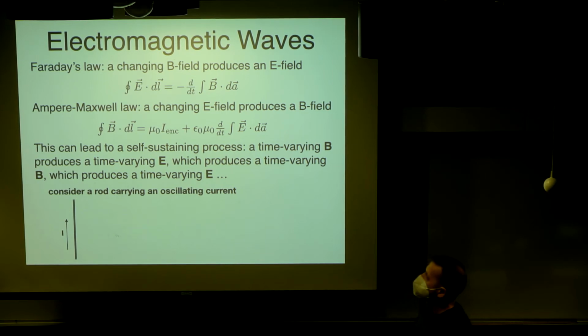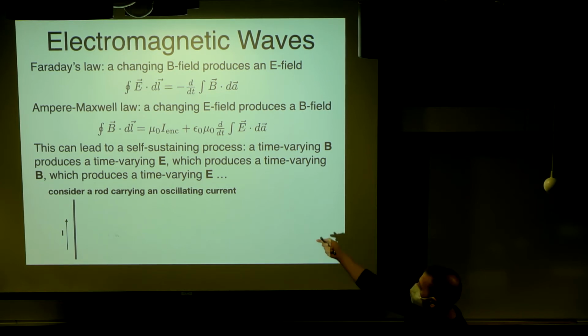We've seen this before. I want you to think of, at the same time, Faraday's law, which, if you think about what it's telling you, says a changing B field produces an E field. Because we have the derivative with respect to time of the magnetic flux, that's the integral of B dot dA, on this side. And then we have the integral of E dot dL on this side.